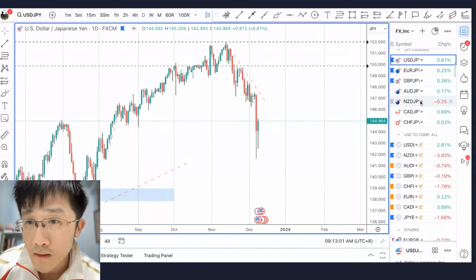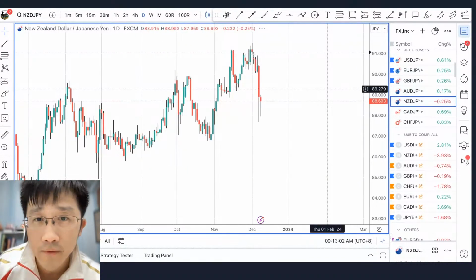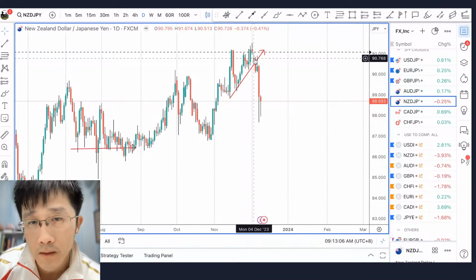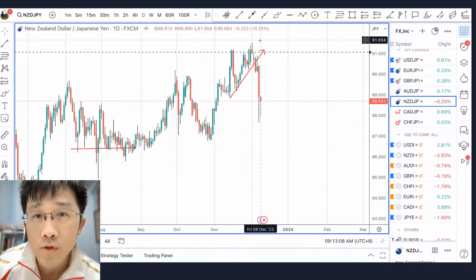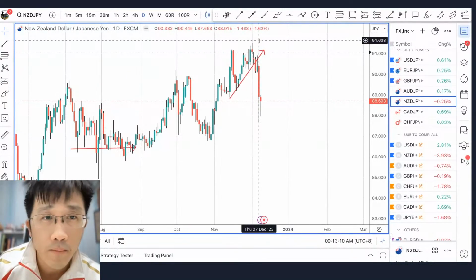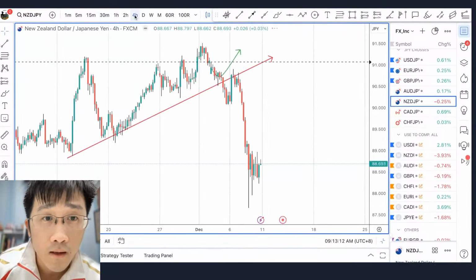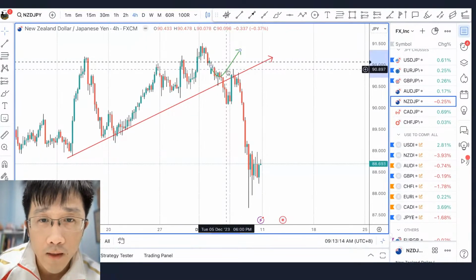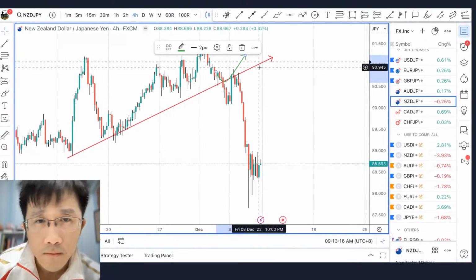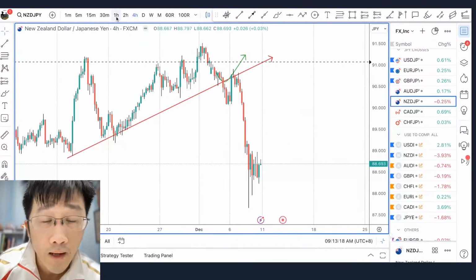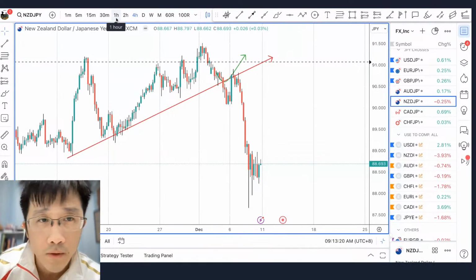If we want New Zealand dollar yen to push to a new high, it is most probably quite a daunting task, and not easy unless the New Zealand dollar is super strong, which I didn't see last week.